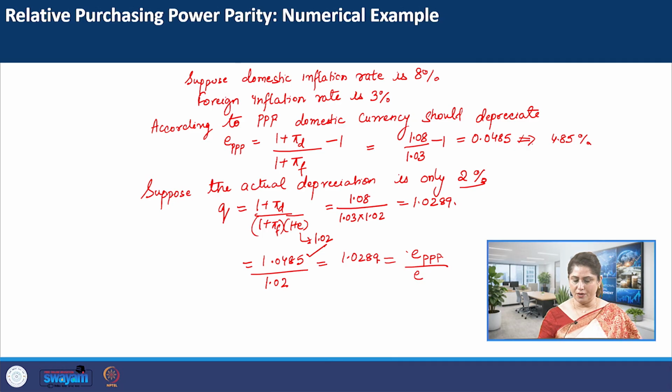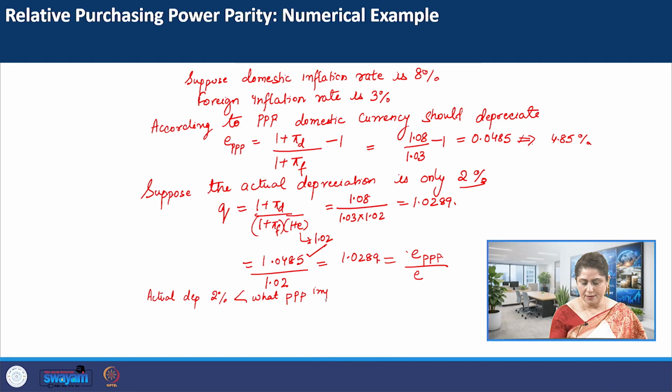Now, how are we going to interpret this whole thing? The actual depreciation is less, only 2%, and this is less than what the PPP implied depreciation is, which is 4.85%.